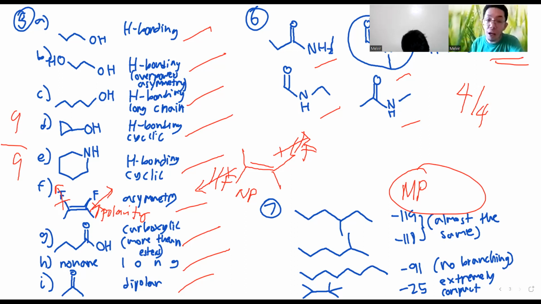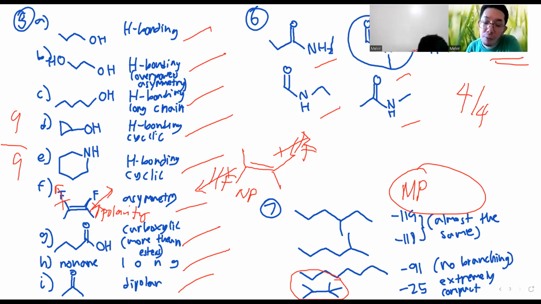Medyo kulang lang ako kasi dapat bababa ka dun sa structure ng mga yan. This is extremely compact due to heavy branching. And due to heavy branching, this one can easily form a more stable amorphous solid. Therefore, higher melting point. That is what I'm looking for, no?